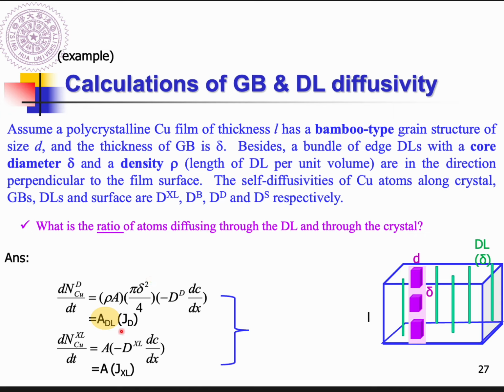Regarding the area, some people might be a little confused. I forgot to point out that A is the area of the substrate, because the diffusing atoms are deposited on top of the substrate. So the diffusing area for this one will be A.